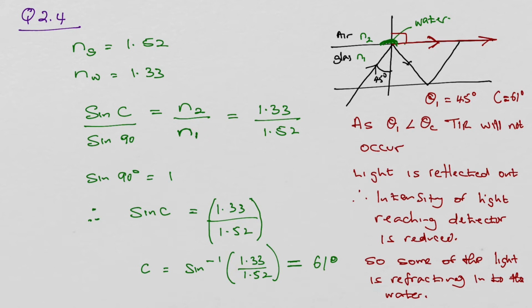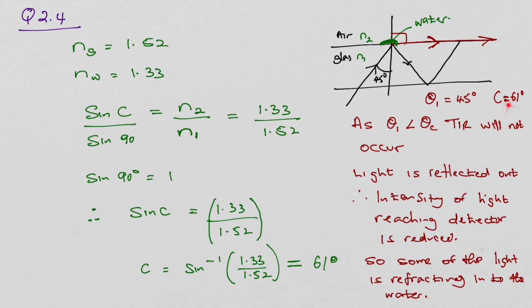So we know sine 90 is equal to 1, and rearranging this, sine of the critical angle is equal to 1.33 over 1.52. Then we take sine to the power minus 1, and that gives us the critical angle to be 61 degrees.